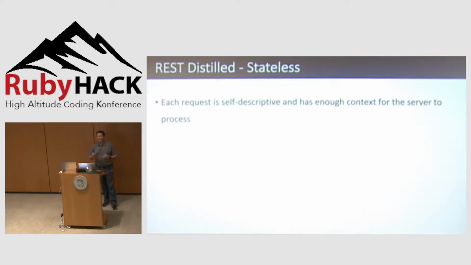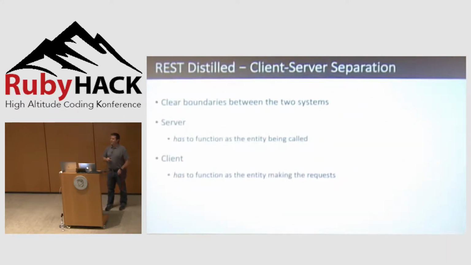Stateless. Each request is self-descriptive, and it has enough context for the server to actually perform whatever it's supposed to do. Pretty self-explanatory. Client-server separation. There are clear boundaries, as it says. So basically, there's a contract. One entity has to serve the function, or it has to be the entity that's doing the calling.